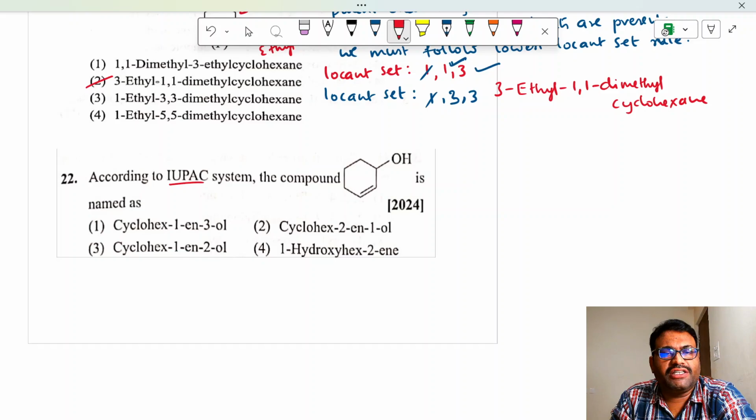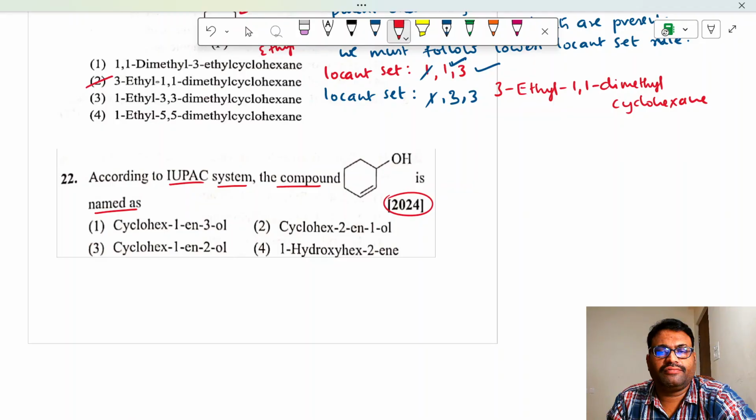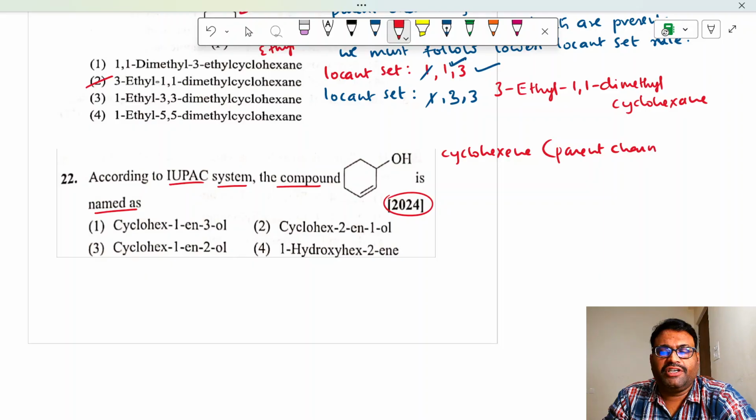According to the IUPAC system, the compound is named as... 2024, it is asked. So, what will be the parent chain? The parent chain is this ring, right? So cyclohexene is the parent chain.